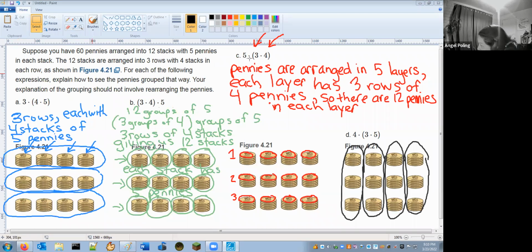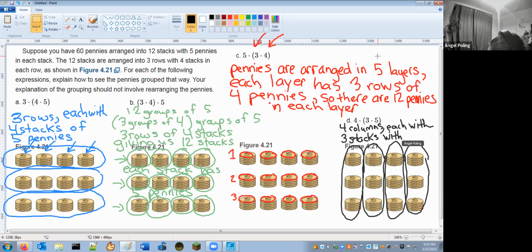So for D, I have 4 columns, each with 3 stacks with 5 pennies per stack.